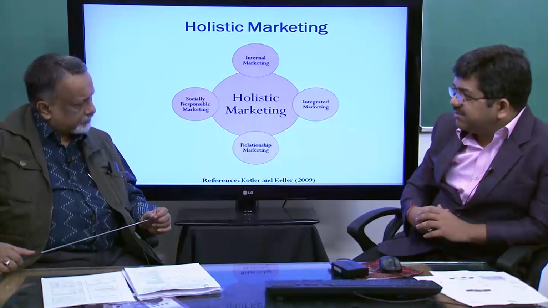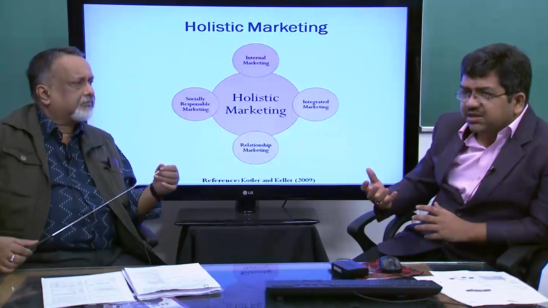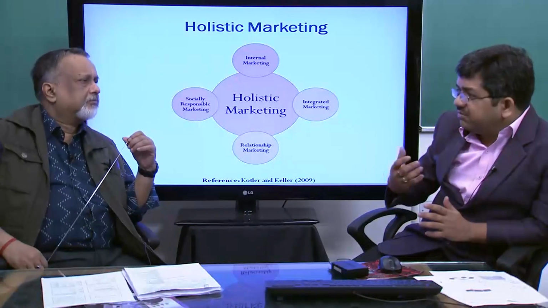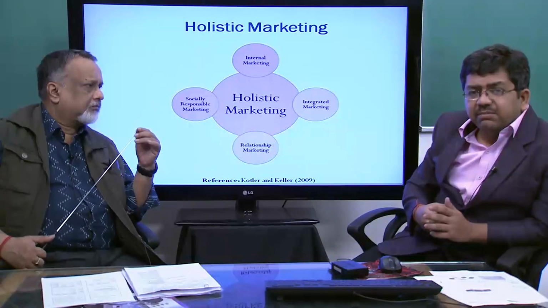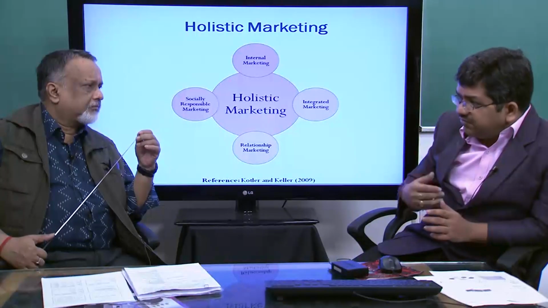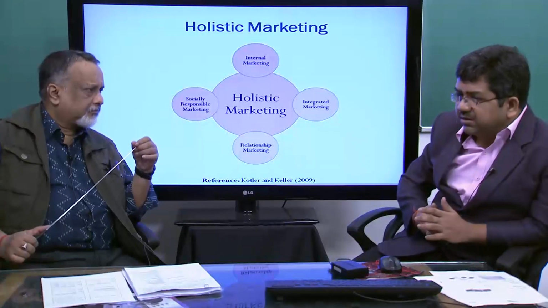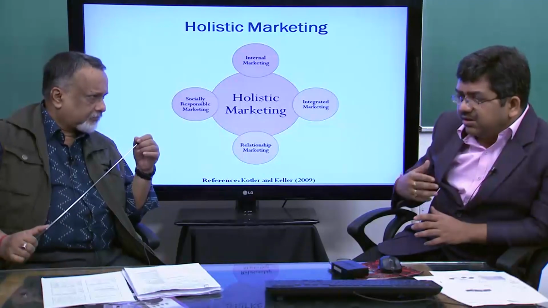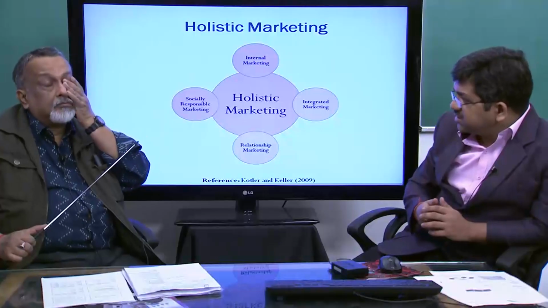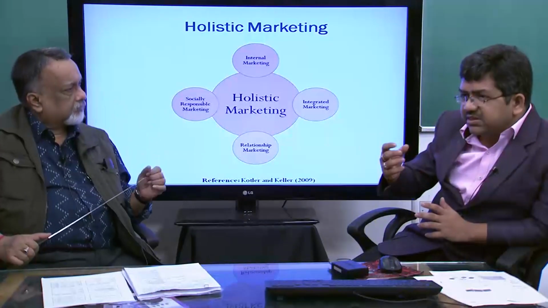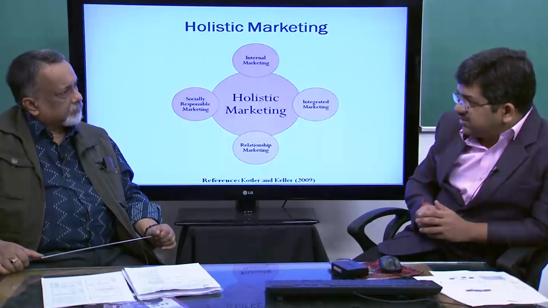You have targeting of segments, then different variants of marketing like services marketing, societal marketing, social marketing, which came in the 70s. This was the evolving phase of the strategic marketing process.